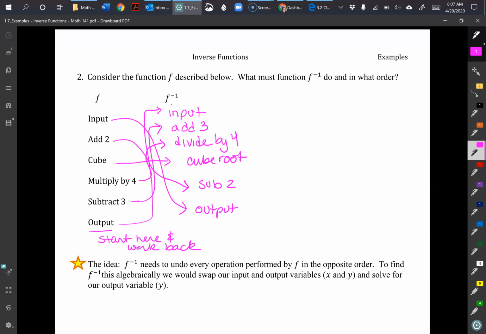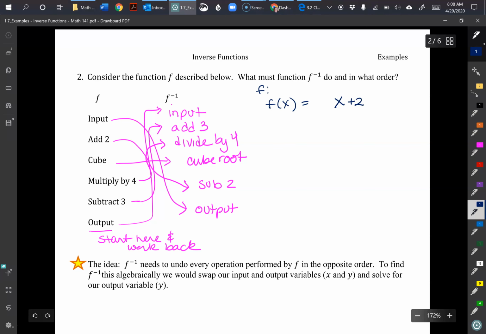So for the f function, let's write out what it looks like as f of x. We have an input, so we start there. I just write my input x, and then I add 2. Then it says to cube, and that means cube the whole expression.